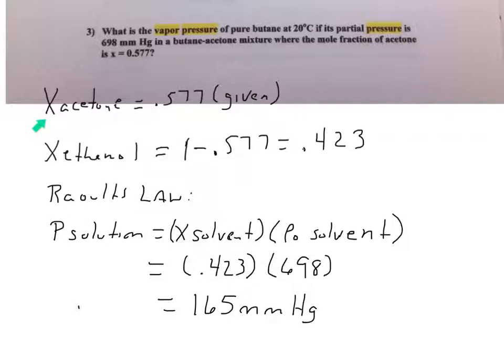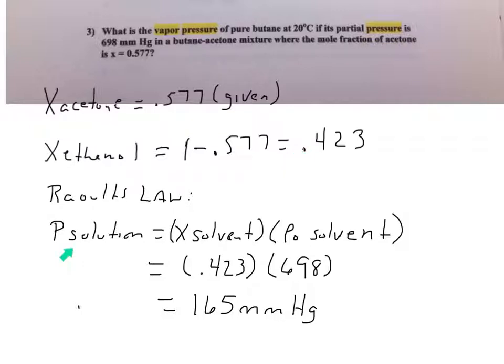We have our mole fraction of acetone as 0.577. This was given to us. We know that our mole fractions must sum to 1, so our mole fraction of butane would be 1 minus 0.577, so we get 0.423.